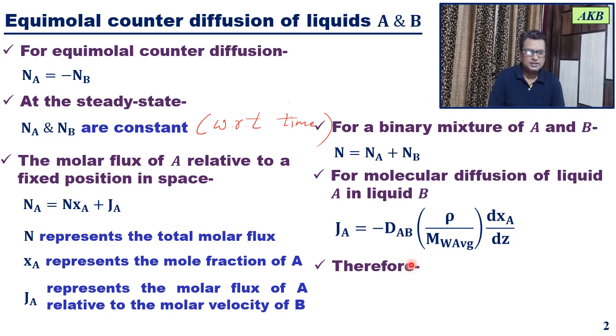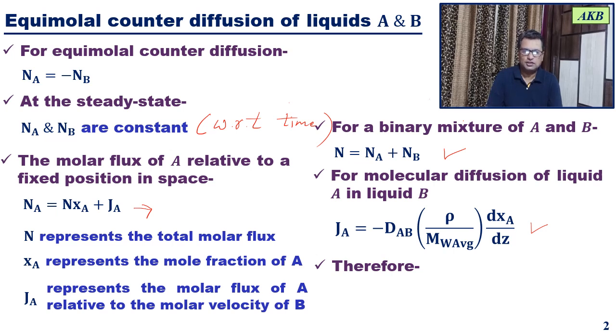Next, I will use the equation for Ja in this equation. So you have got the equation for N, and then you have got the equation for J. We will be using these equations in the first equation, the equation for Na.